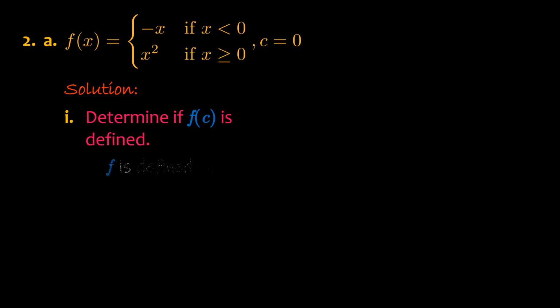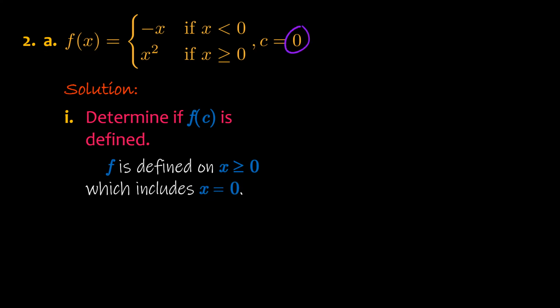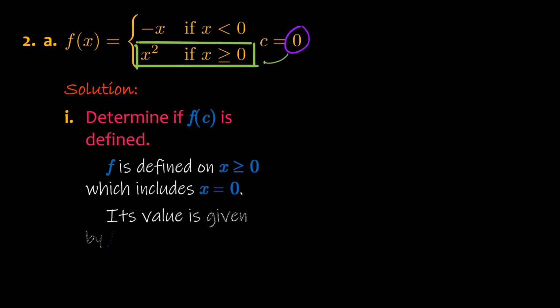F is defined on x greater than or equal to 0, which includes x equals 0. Its value is given by f of x equals x squared. F of 0 is equal to 0.